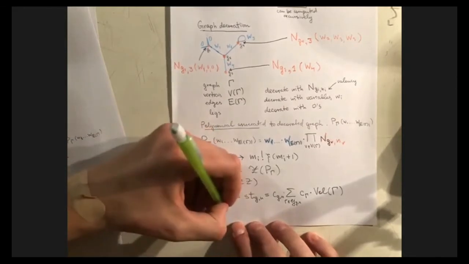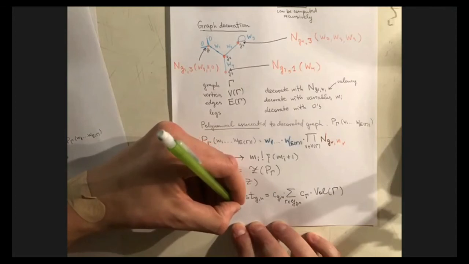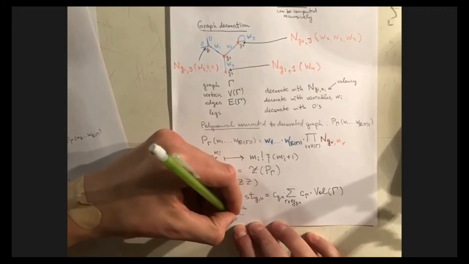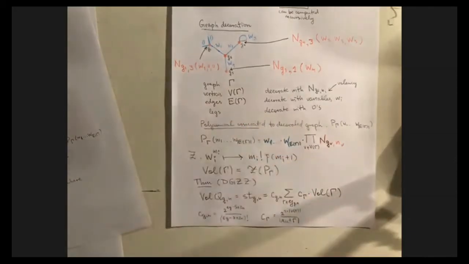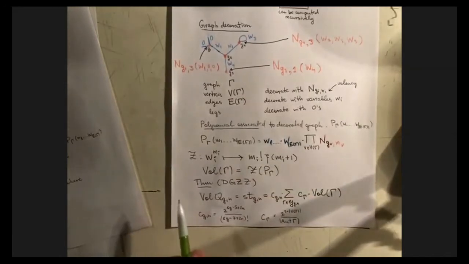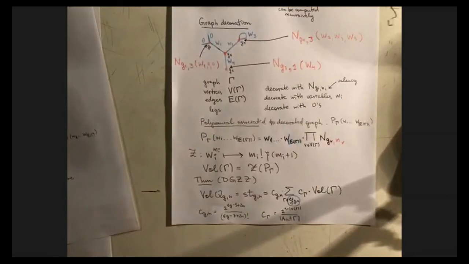So this one would be 2 to the 6g minus 5 plus 2n divided by 6g minus 7 plus 2n factorial, something like that. And the second constant is 2 to the 1 minus the number of vertices divided by the number of automorphisms of the graph. Okay, so I still need to explain what this object is, and I'm going to do it on an example in a second.